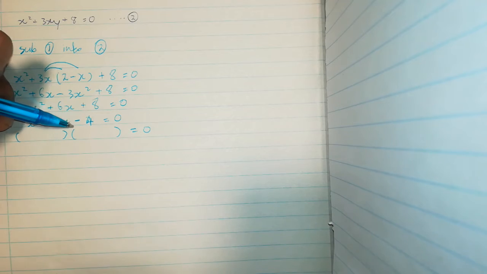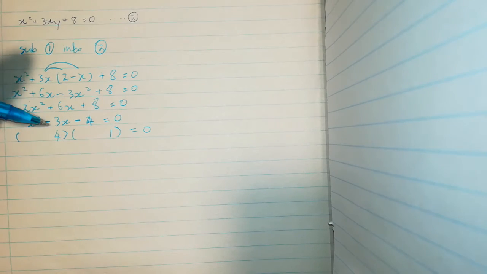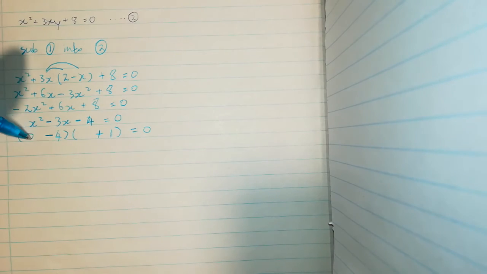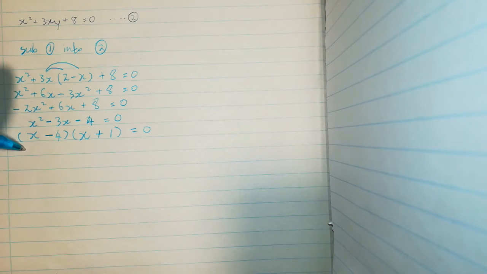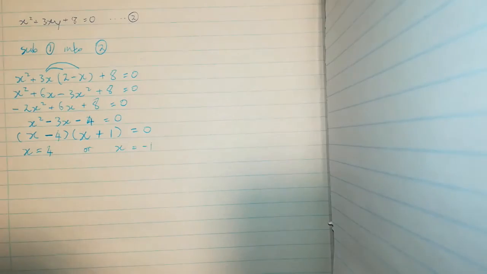Factors of 4 that when you subtract, they give you 3. It's 4 and 1. The middle term tells you that the bigger term gets a negative, and this one must be a positive. Put an x here, put an x there. Then now things are clear. You can see that x is equal to 4, or x is equal to negative 1.